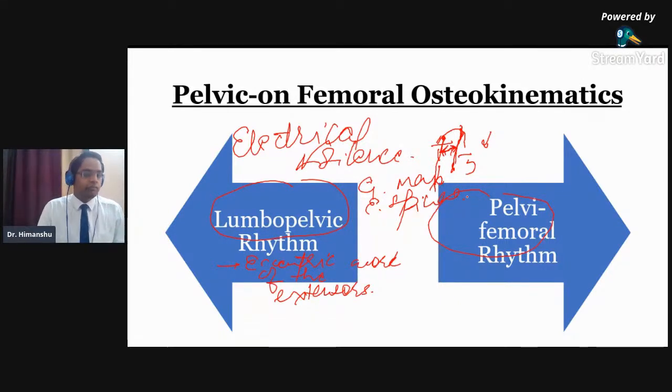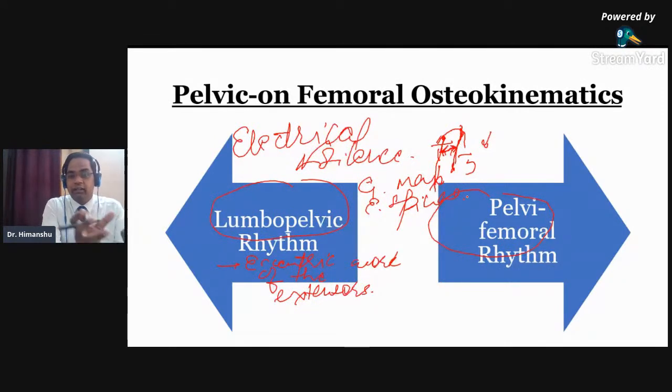Similar goes with the pelvifemoral rhythm also. It is not only in the closed kinematic chain, it is also there in the open kinematic chain. Whenever you lie in the side lying position and attempt hip abduction, after a certain range of hip abduction there is a certain tilting of the lumbar spine and lateral tilting of the pelvis also.